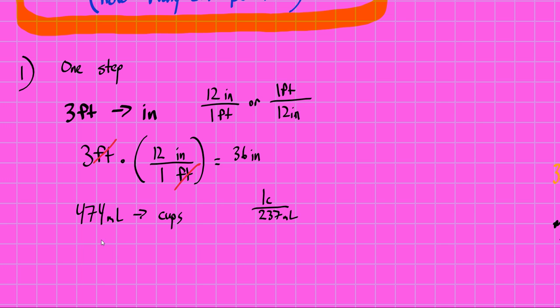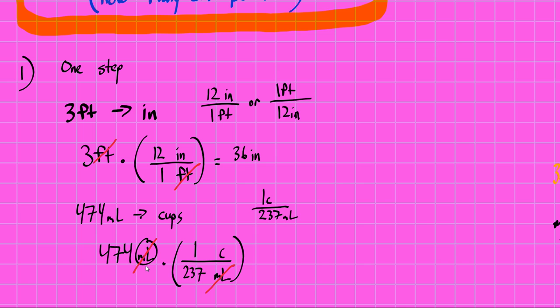It'll matter in a moment when I write out my initial number and I multiply by a fraction. Here is where I choose. I want milliliters here to be canceled out, so I'm going to cancel like that. So that means that I need to write my cups on the top and milliliters on the bottom.